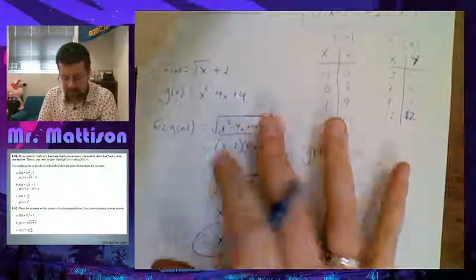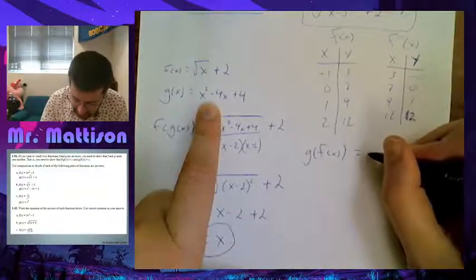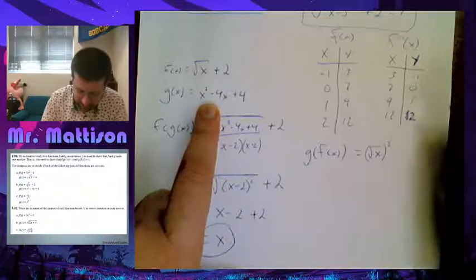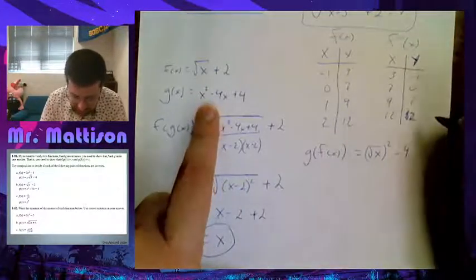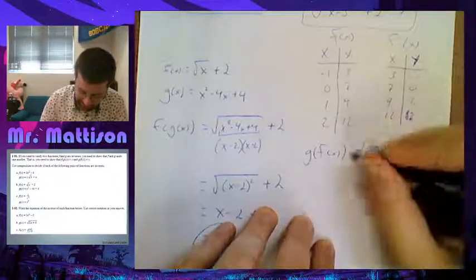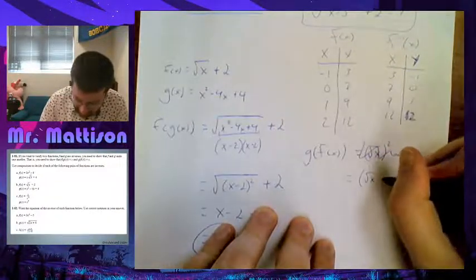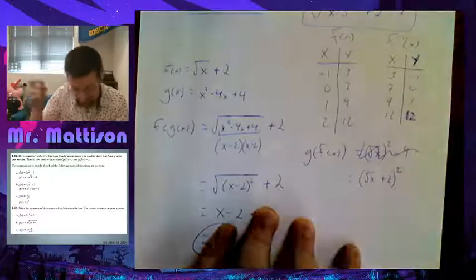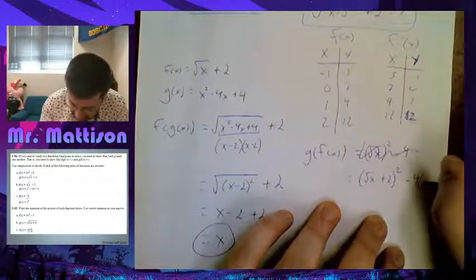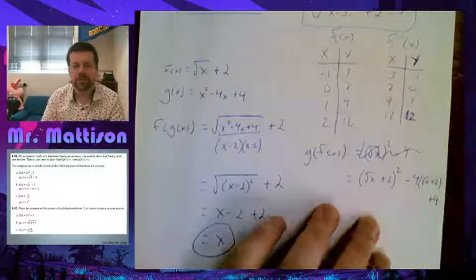I'm plugging the f into the g, so that's going to be the square root of x plus 2, squared, minus 4 times the square root of x plus 2, plus 4, right?